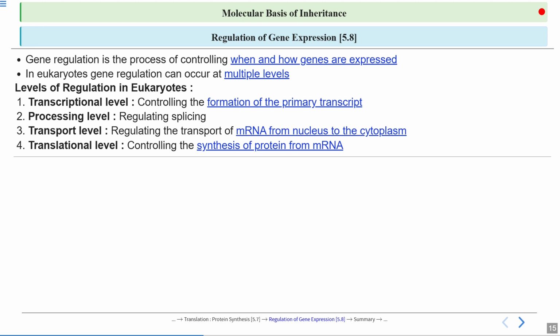At the transport level, the transport of mRNA from nucleus to cytoplasm can be regulated. And the last level, the translational level, can be controlled through the synthesis of protein from mRNA. So genes can be regulated at multiple levels in eukaryotes.